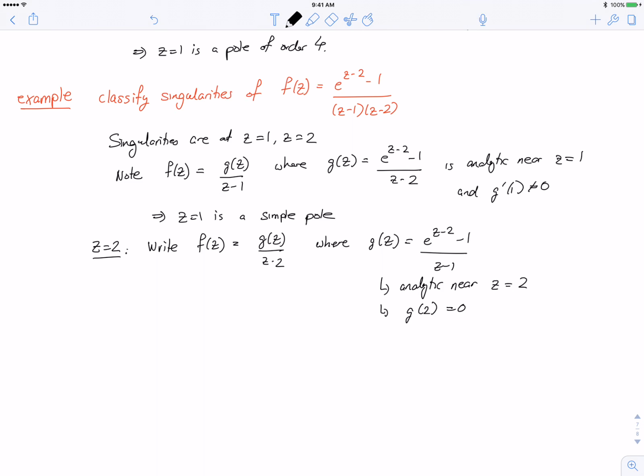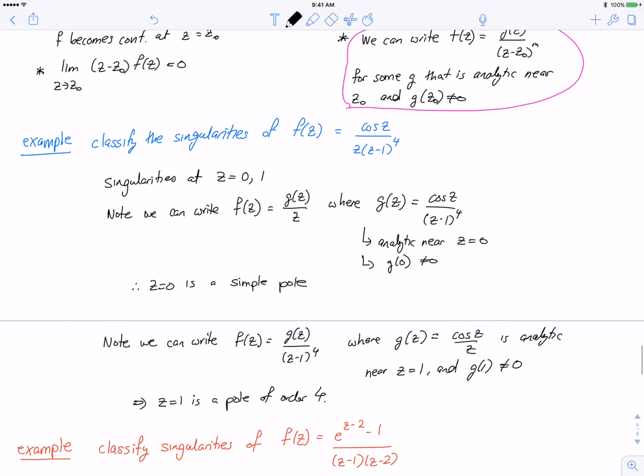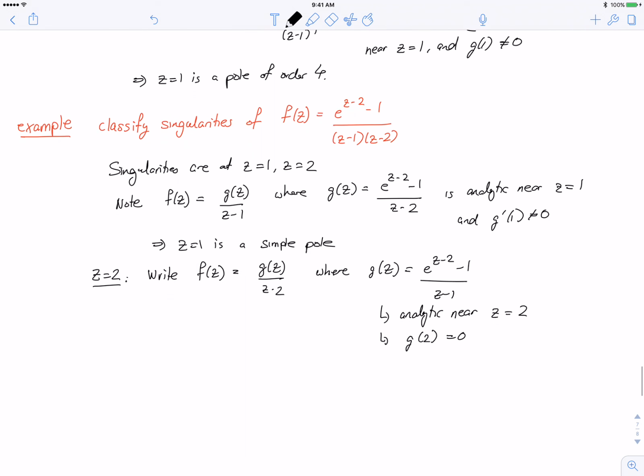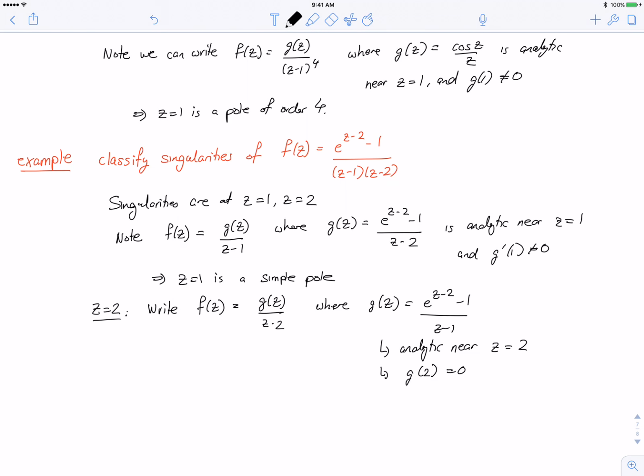So g is 0 at my singularity, but remember from the definition, g should be non-zero at the singularity. So therefore, in this case, z equals 2 is not a pole, okay? So it's either going to be removable or essential.